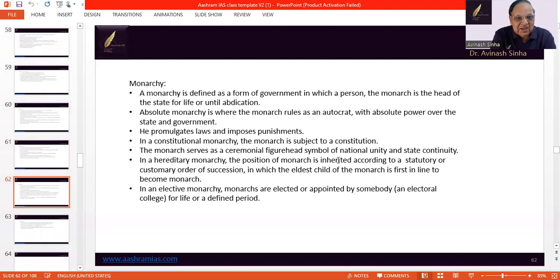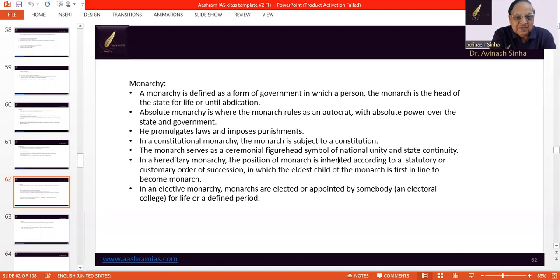Then comes monarchy. A monarchy is defined as a form of government in which a person, the monarch, is the head of the state for life and until abdication.